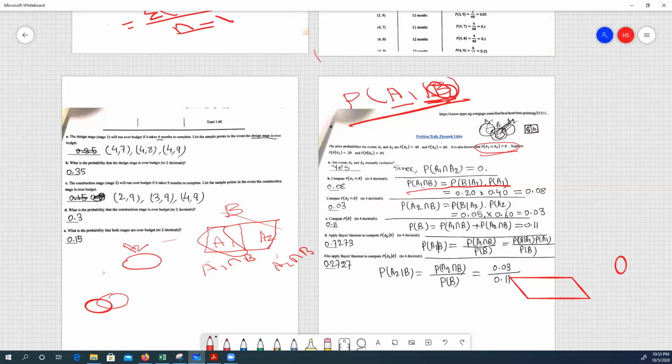So to find the probability of A1 given B, you can derive this formula. From this one, you can derive this formula. So now I will show you how to derive this formula. Okay, erase this part first.